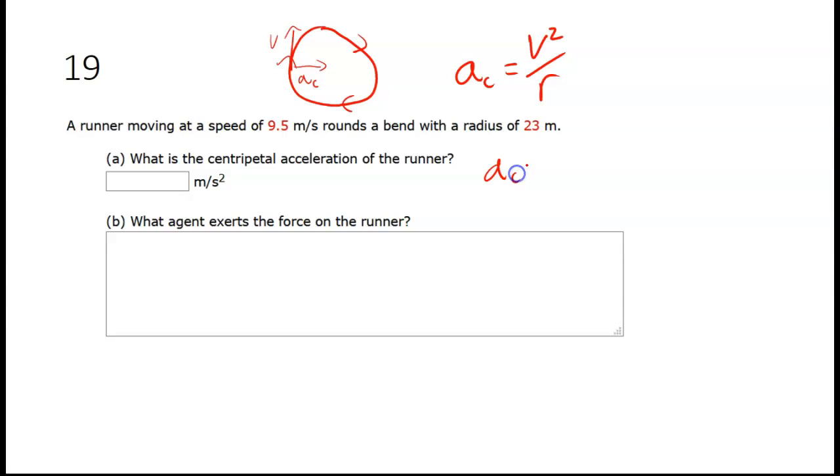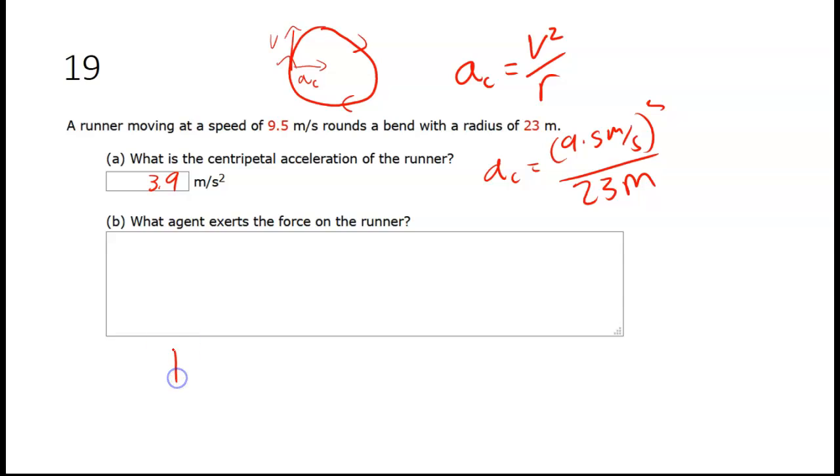In this example, that would be 9.5 meters per second, squared, divided by 23 meters, giving us an acceleration of 3.9 meters per second squared. An acceleration is just an acceleration. It's just a way to describe how something is moving.